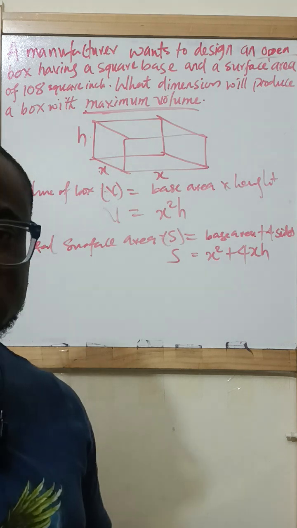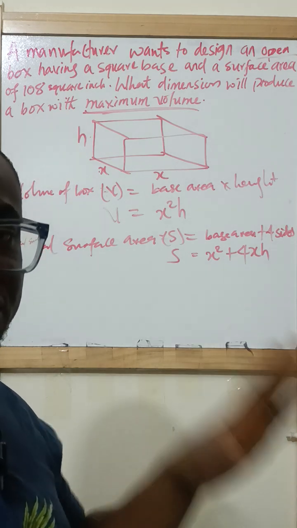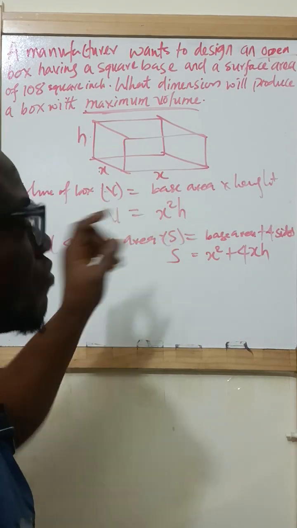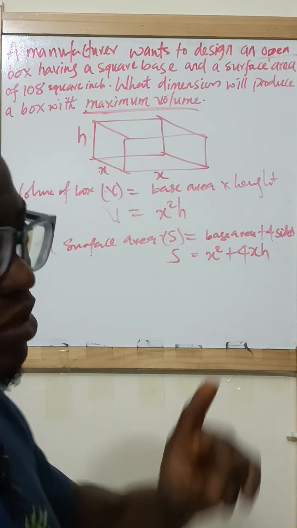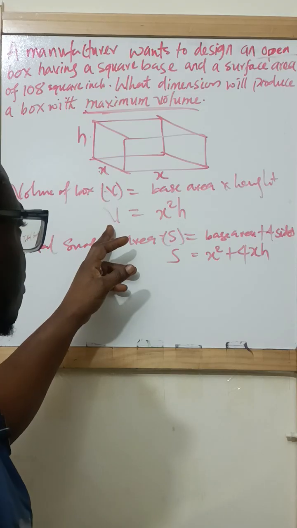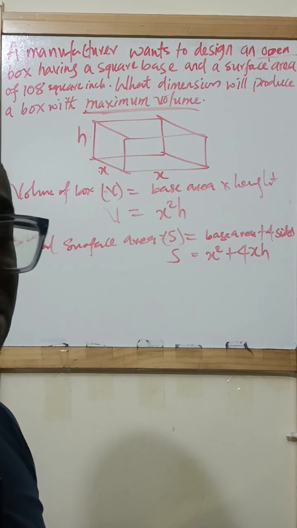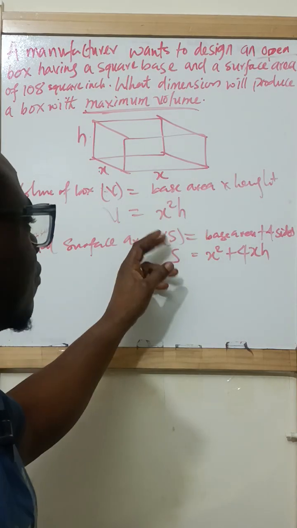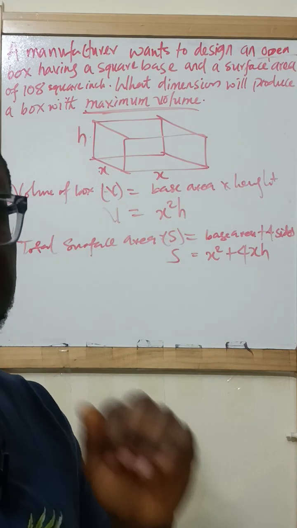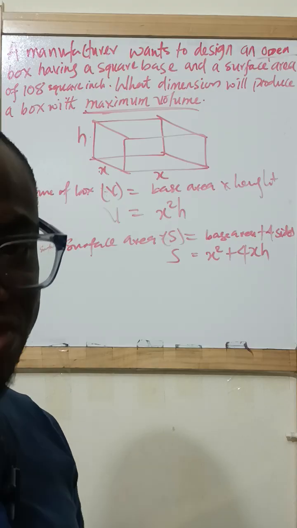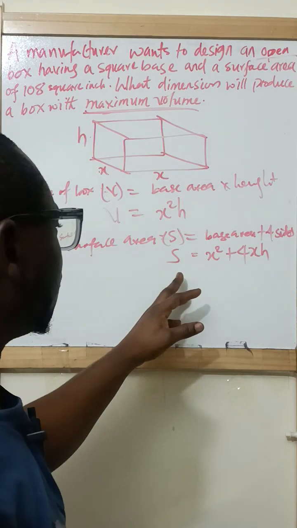So what we are supposed to do here is to express the volume in terms of just one variable. But we can see that we have two variables here. So we will express it to have just one variable, so that we can find the derivative with respect to just one variable.